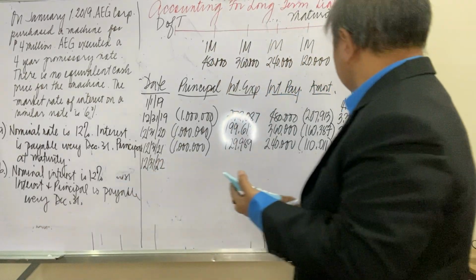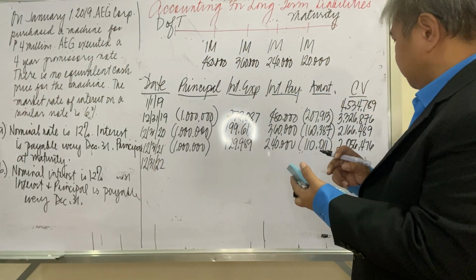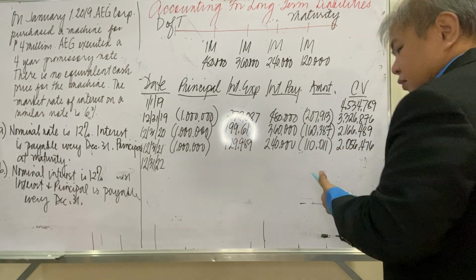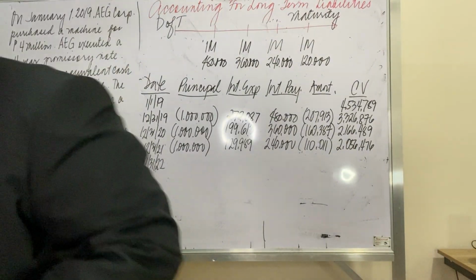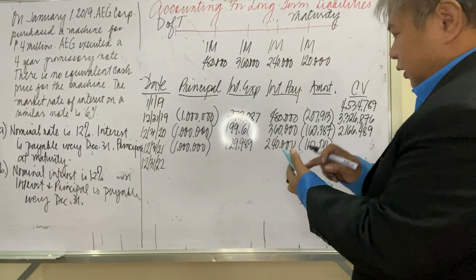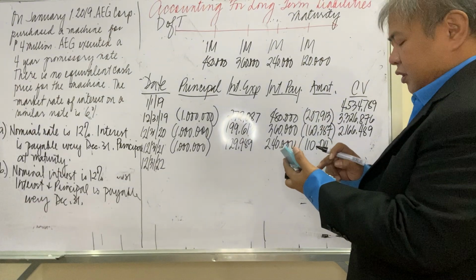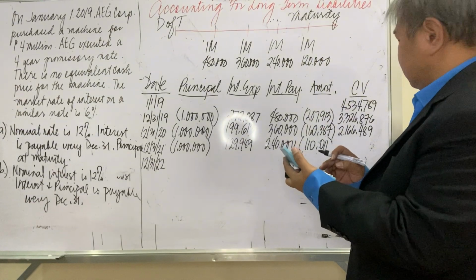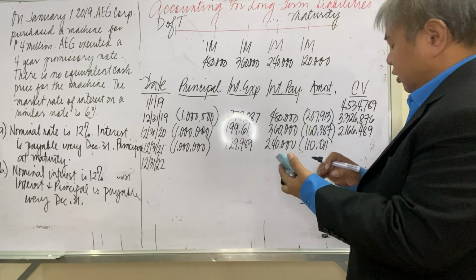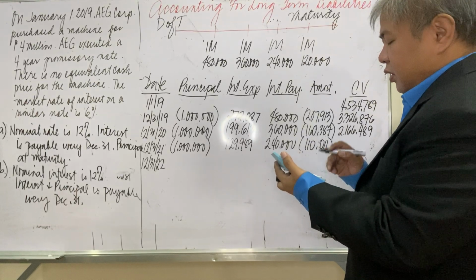And then December 31, 2022. Oops, wait. Something's wrong here. Hold on. 1,056,489 minus 1 million minus 110,011.